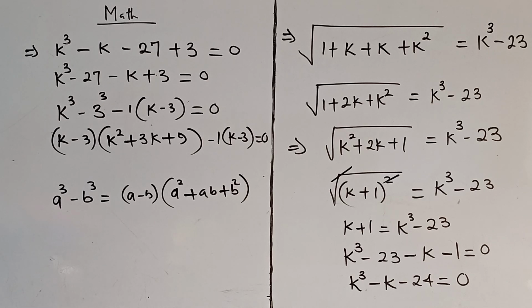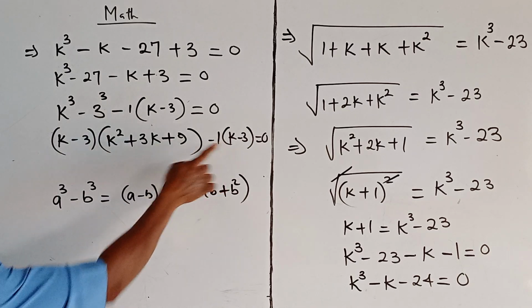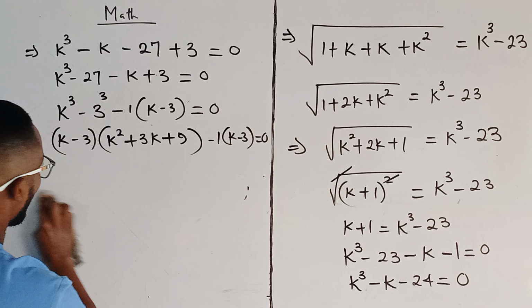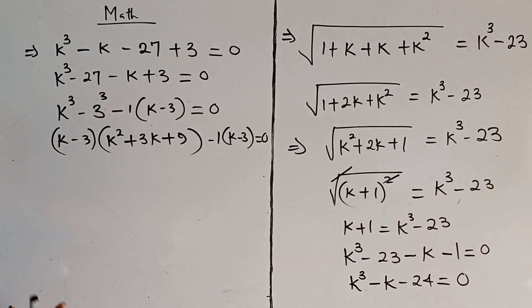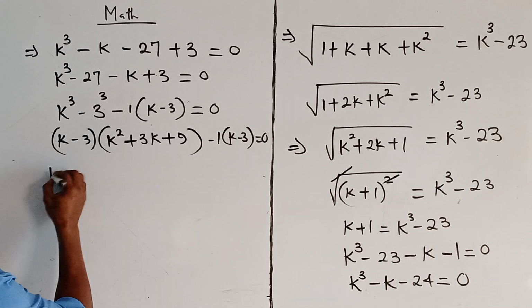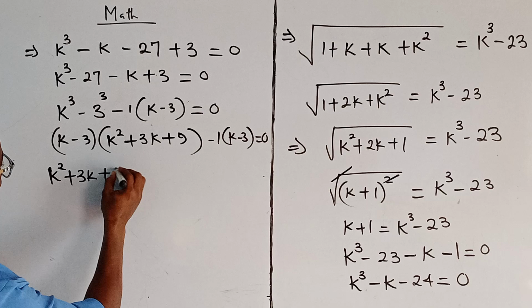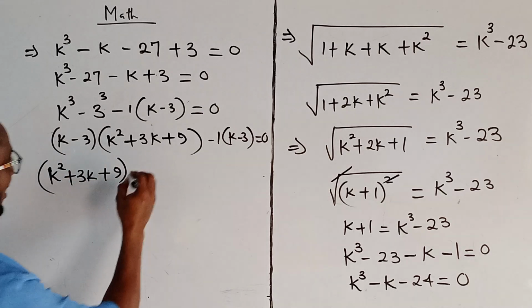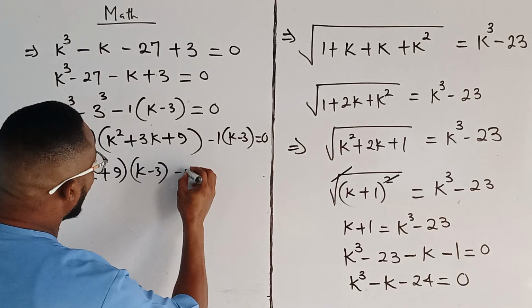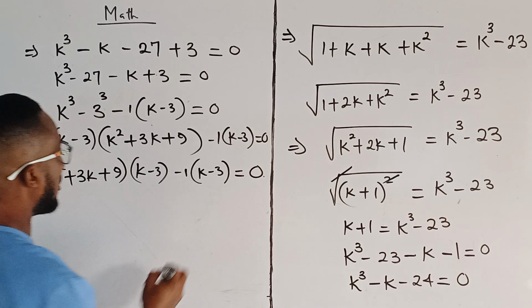So we can then see that k minus 3, k minus 3, it means that we can pick the common factors. For the sake of our audience, I can write this as k squared plus 3k plus 9 in one parenthesis, k minus 3, then I have negative 1, k minus 3 equal to 0.